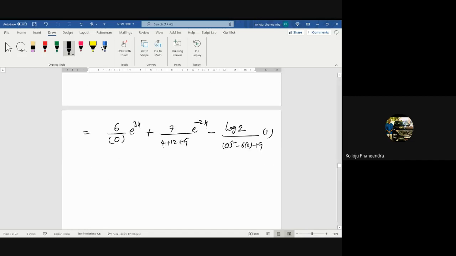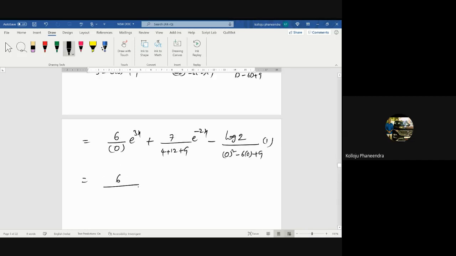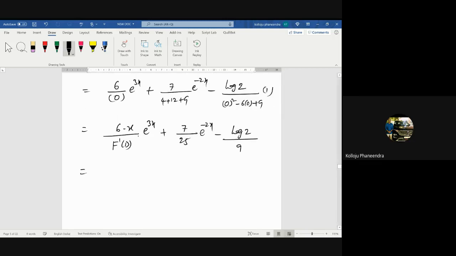Here for the first term, I have to take 6 by f dash D into x e power 3x, plus 7 by 25 e power minus 2x minus log 2 by 9. And what is f dash D? The derivative of D square is 2D, and the next term minus 6D gives minus 6.